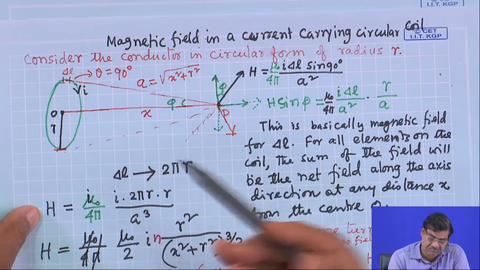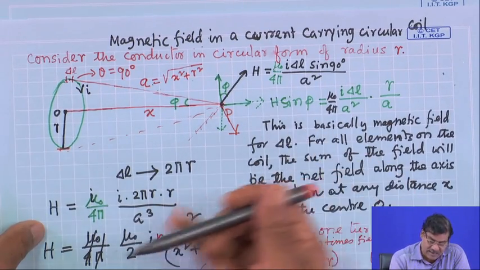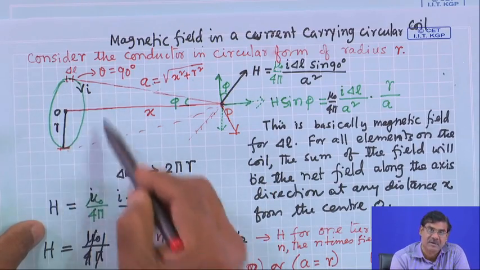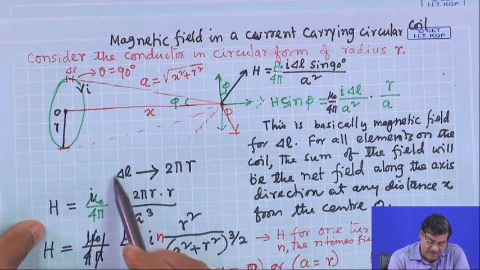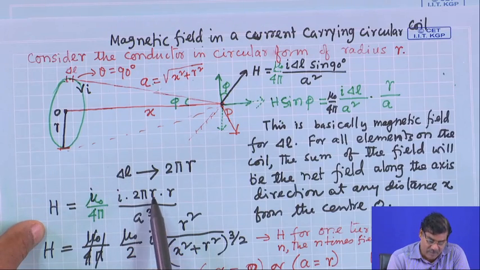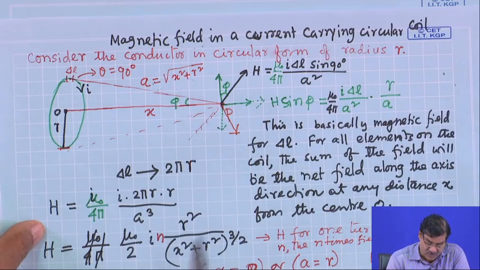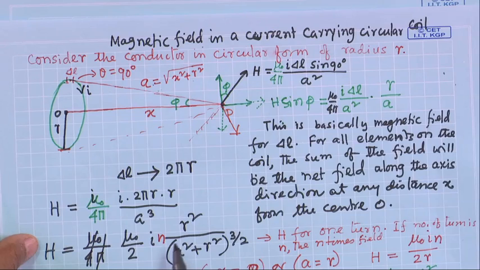Okay. So, in integration form it is easy to find out, but here it has symmetry, and that is why you can directly replace del L by 2 pi r. So, if you put 2 pi r and a is the square root of x square plus r square, then you are getting this, right.